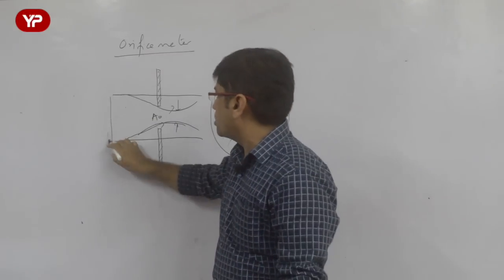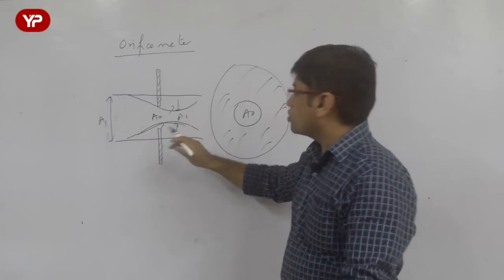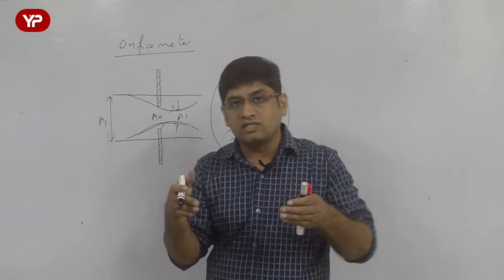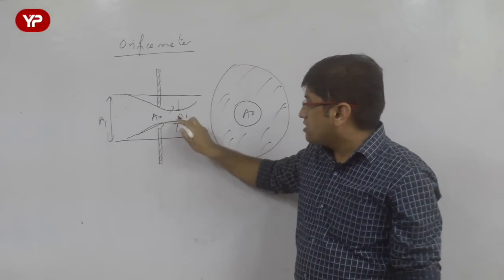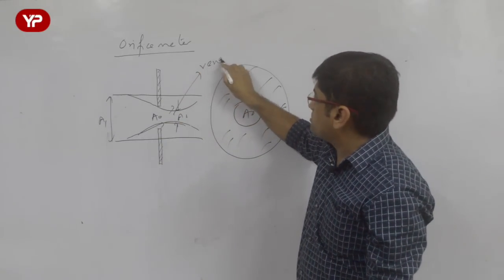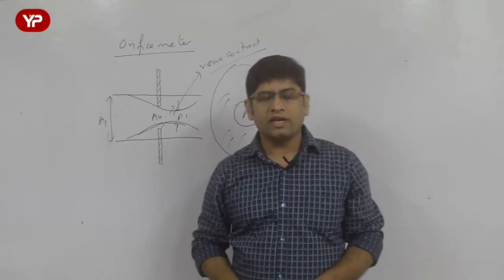Let us say the pipe cross section area is A1 and the minimum cross section area is obtained of the jet a little downstream of this particular orifice, and this particular part is called vena contracta. This is called vena contracta. It is not an English word. Let me tell you again.